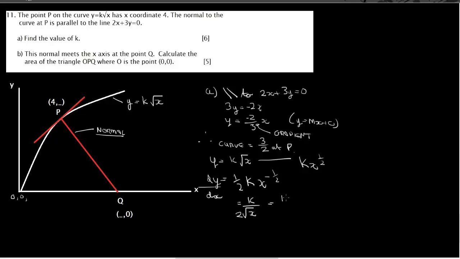And that's equal to k over 2 root x. So x is 4, 2 root x is 4, so it's k over 4. So the gradient is k over 4, so 3 over 2 equals k over 4, because we calculated the gradient earlier on. That gives us k equals 6.